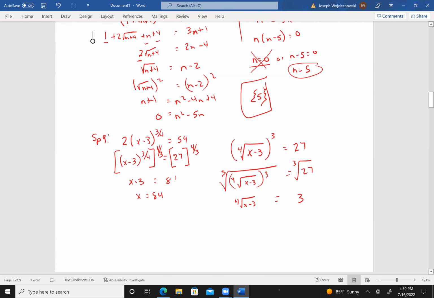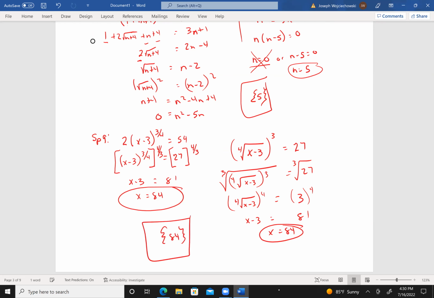Okay, then I take both of these to the 4th. This becomes 81, and this is simply x minus 3, and x equals 84 again. So either of those methods would work. I think the book shows it going this way.